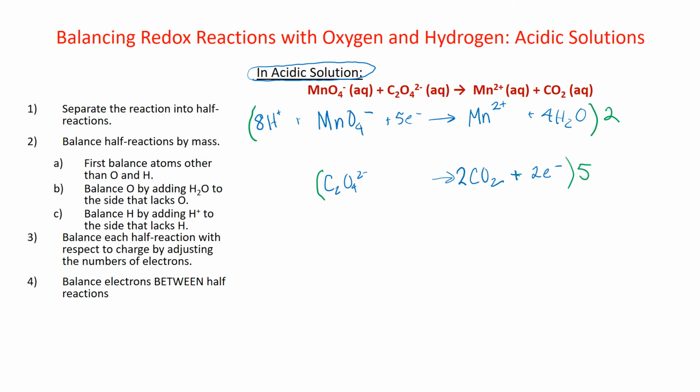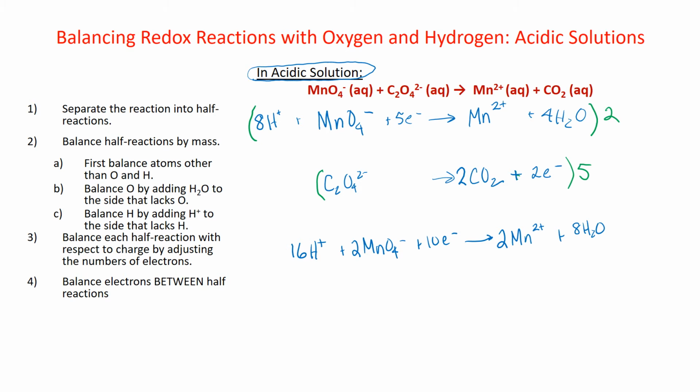Okay, so I'm going to rewrite these equations down below with those coefficients multiplied through. So 2 times 8 becomes 16 H plus, 2 permanganate, plus 10 electrons. And on the right-hand side, I've got 2 manganeses plus 8 waters.